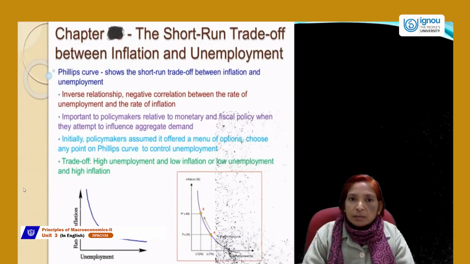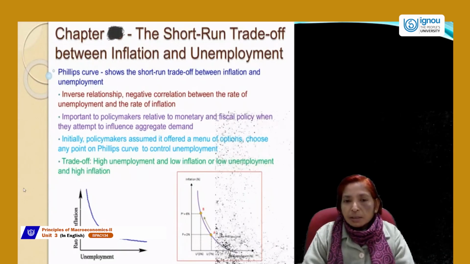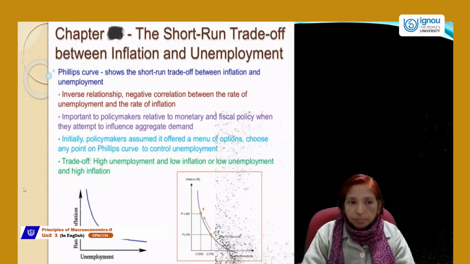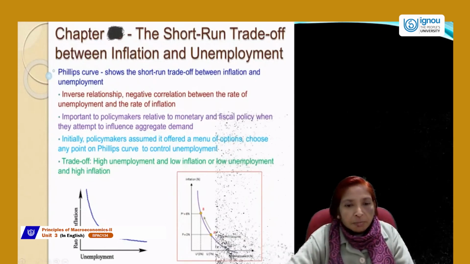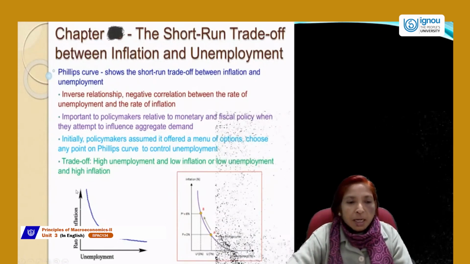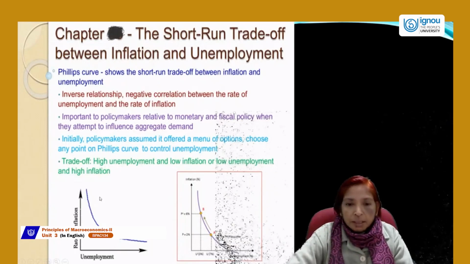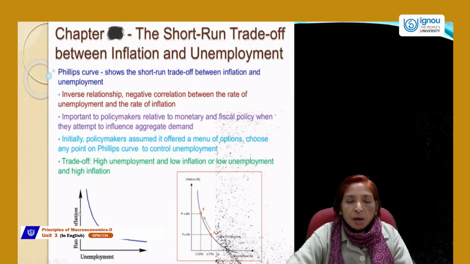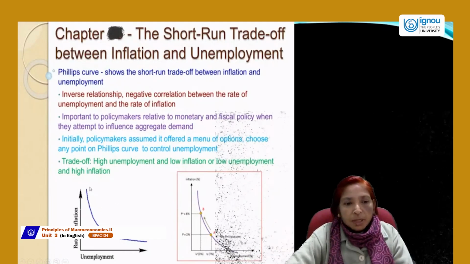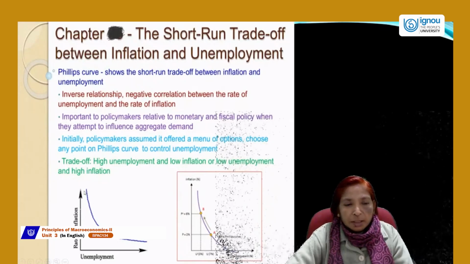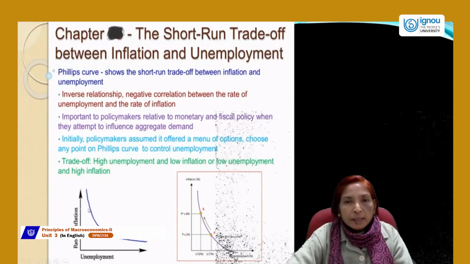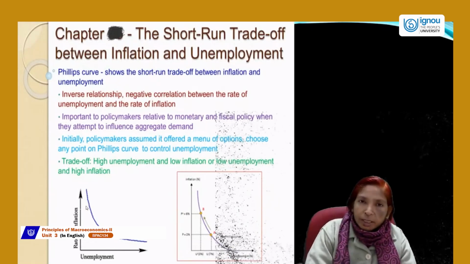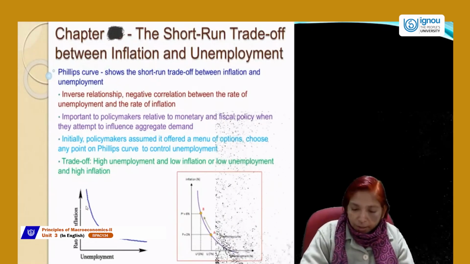High unemployment means low inflation, and low unemployment means high inflation. So this is the trade-off between inflation and unemployment. That's why this Phillips curve generally slopes downward from left to right, and this shows the inverse or negative relationship between the inflation rate and the unemployment rate.